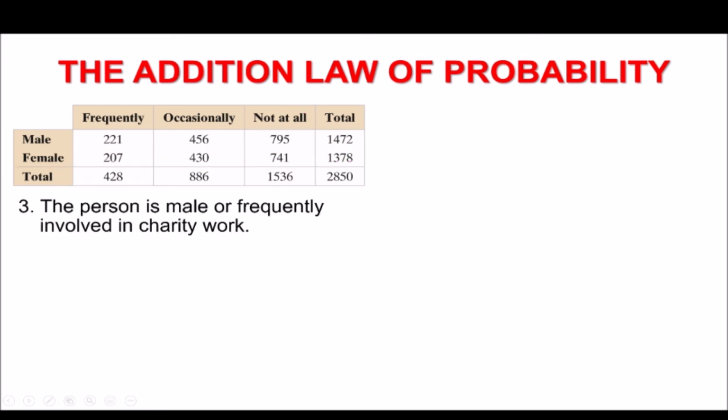Okay, let's have our next question. Find the probability that the person is male or frequently involved in charity work. Okay, so event A, the person is male. Event B, the person is frequently involved in charity work.